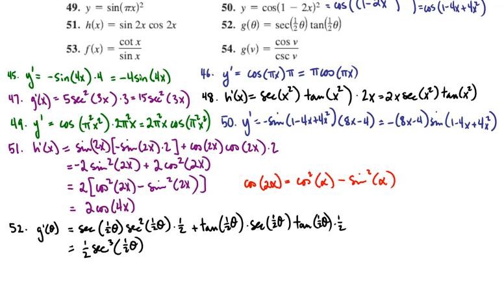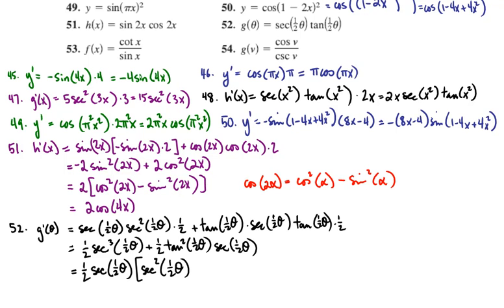Then on the right side we'll have 1/2, then tan squared of 1/2 theta times secant of 1/2 theta. Now we could go a step further to factor out 1/2 and secant of 1/2 theta.